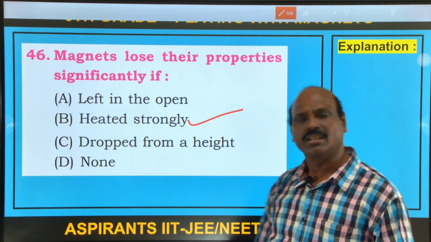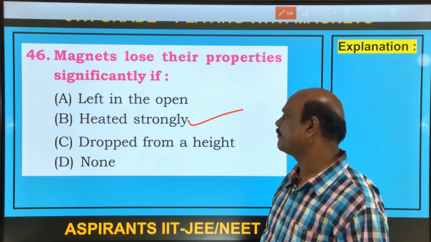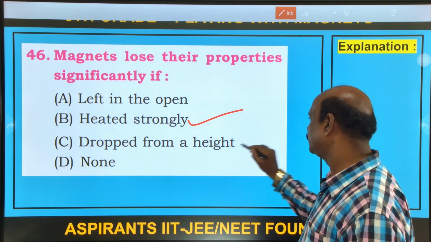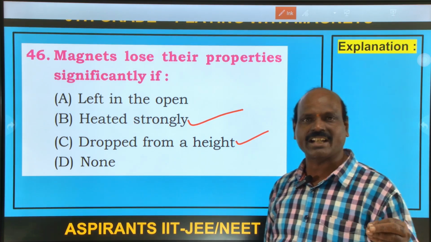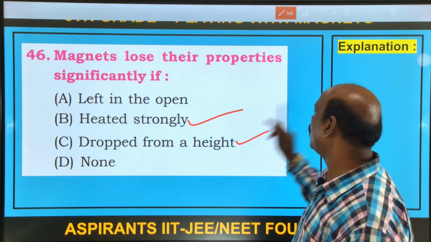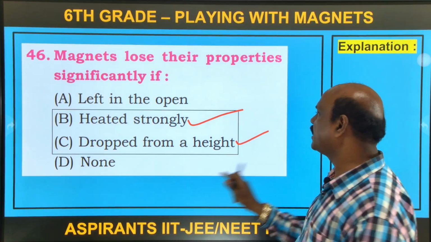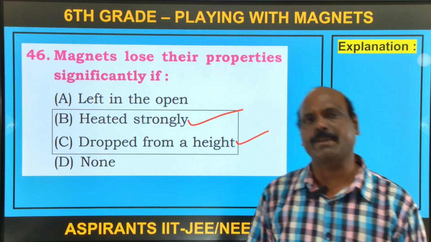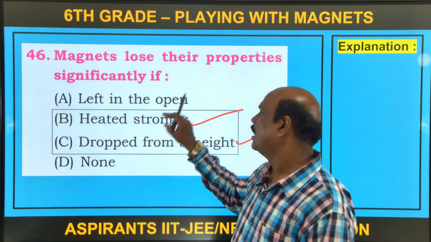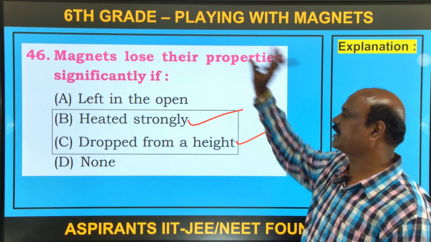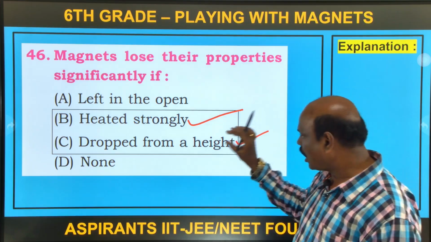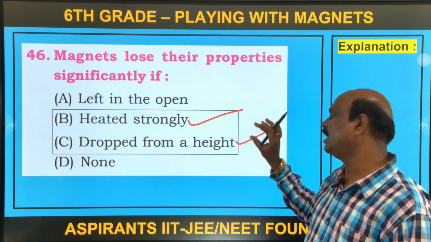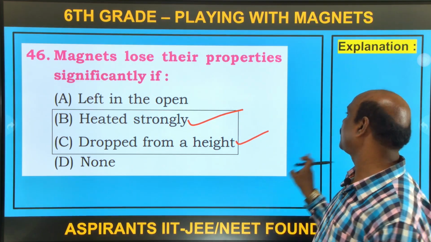So when you heat it, it will lose its magnetic property. Dropping from a height is also one of the demagnetization methods. So these are the options you can take for demagnetization. Whenever a magnet is heated, it will lose its magnetic property, or when you drop it from a certain height, it will also lose its magnetic property.